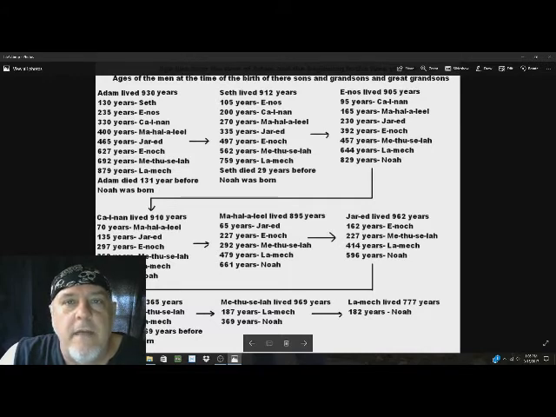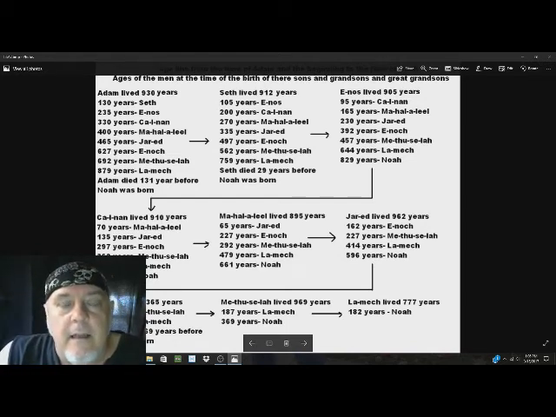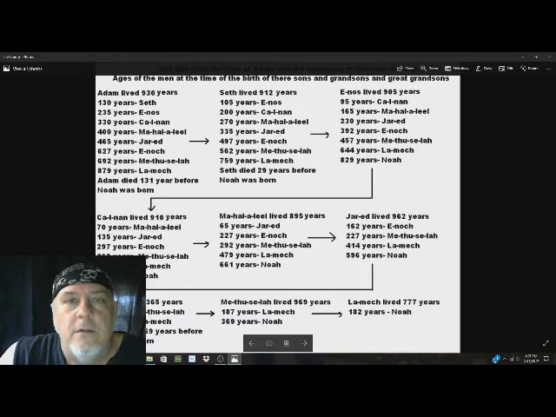That places it at 1,061 years. So from the beginning, starting with Adam, to the time of Noah, was 1,061 years. Also, by this time frame, by calculating in math, we find out that Noah's father died 5 years before the flood, and Noah's grandfather died at the time of the flood.